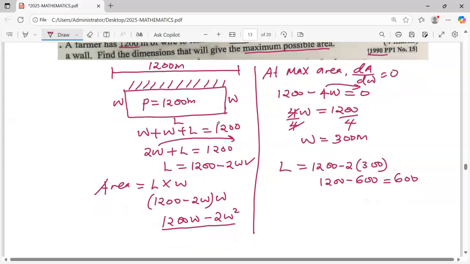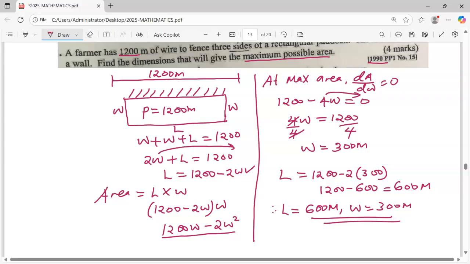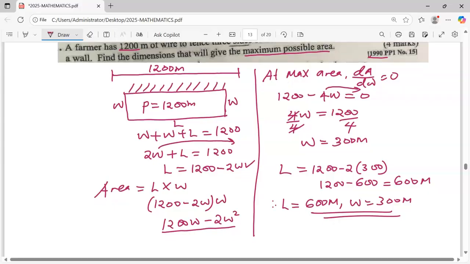Therefore, we conclude that the length is going to be 600 meters. Then our width is going to be 300 meters, and that gives us the dimensions that will give the maximum possible area.